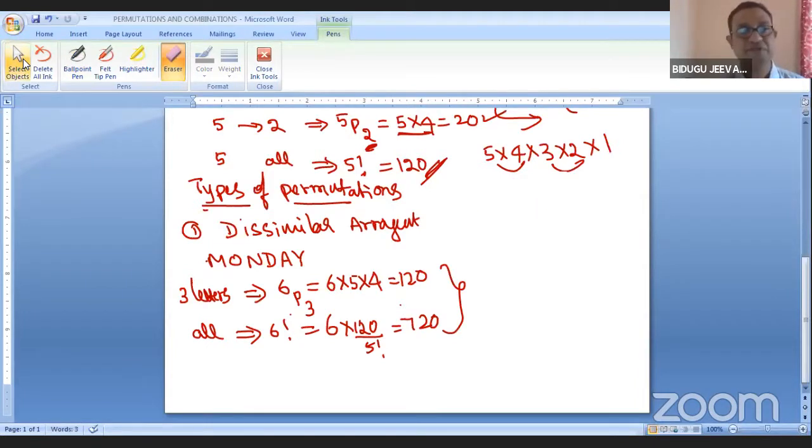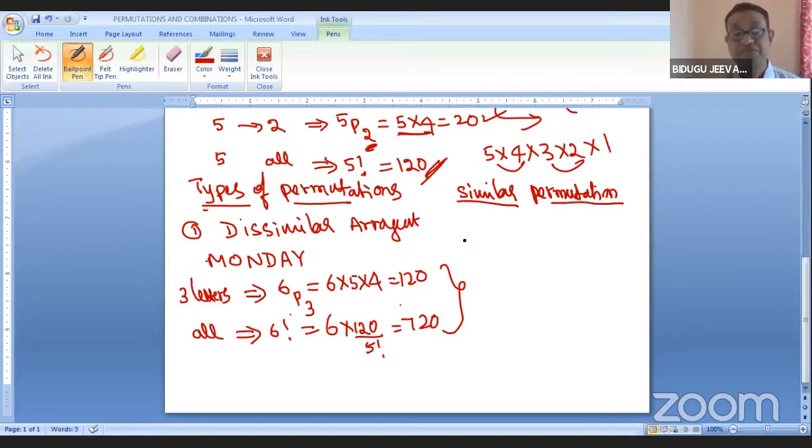Now here, similar permutation. In similar permutation, we don't have the model of taking few letters of the word. This model you don't find. Following my point? We take all the letters of the word, for example, Jeevan.